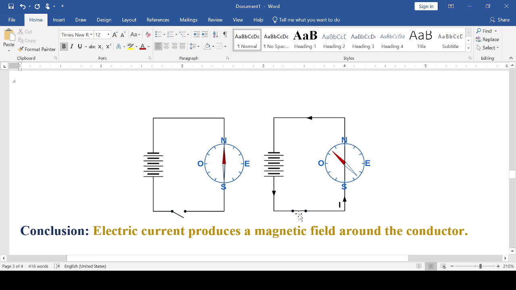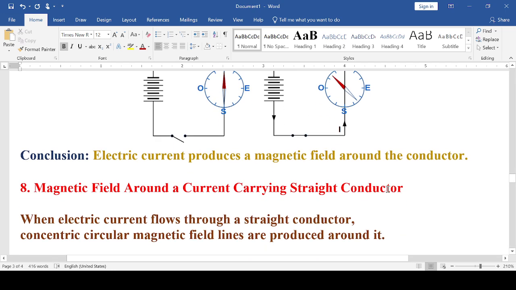When it is closed, the magnetic needle, which earlier always rested in the north-south direction when the circuit was open, started showing deflections. With this experiment, Oersted proved that with the help of electricity we can produce magnetism.